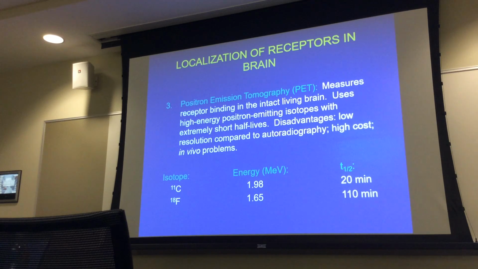Now this is a technically challenging technique, because you just can't call up your local supplier in Boston and say, send me C11 raclopride because I want to do some dopamine studies. By the time it gets here, there won't be any left. So when you have a PET imaging facility on a campus or in a company or hospital, you've got to have everything here.